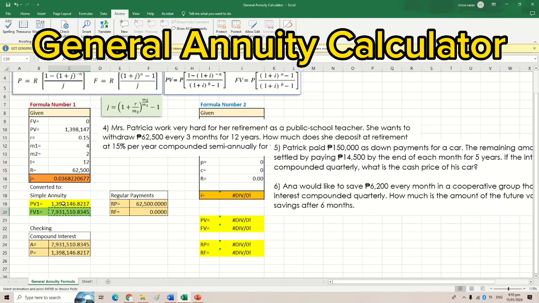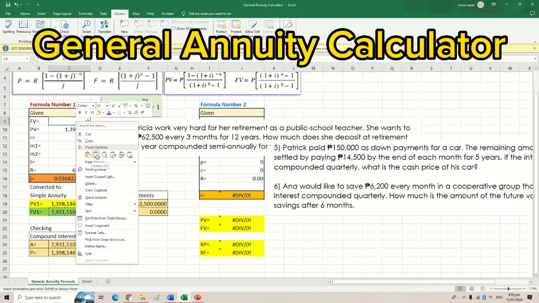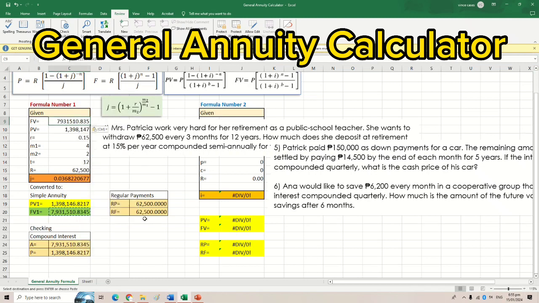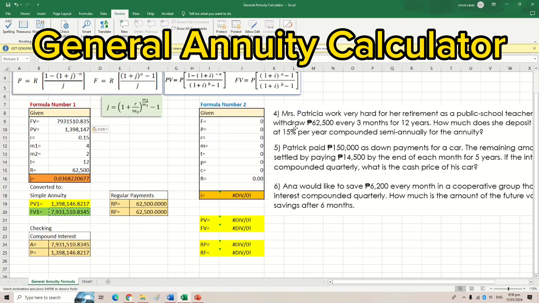Now for the future value, we'll copy that and paste it to the future value, and 1, 2, 3 again. Again, we got the same value for our regular payments. So that means our formula is consistent. The calculator is consistent.